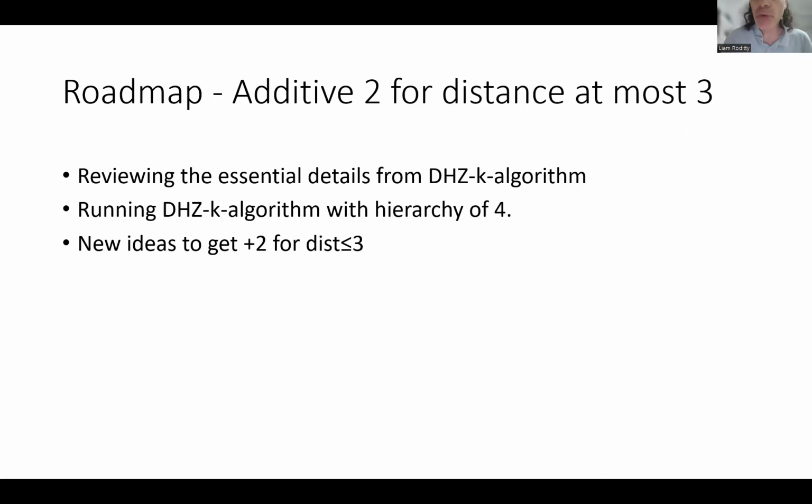Then I will show you how to use the Dor, Halperin, and Zwick algorithm with a hierarchy of 4 sets. It will be clear in a moment what I mean by a hierarchy in this algorithm. And finally, we will go through the ideas that are needed in order to get an additive 2 approximation fast for distances at most 3. So this is the roadmap for the rest of the talk.